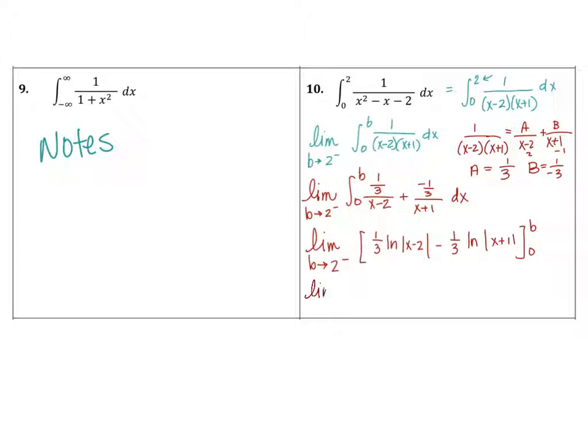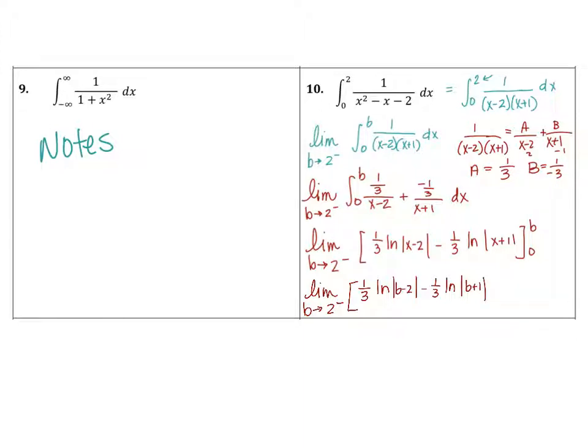So we're going to have the limit as b approaches 2 from the left of, and if I plug in b, I'm going to have 1/3 natural log absolute value of b minus 2, and then minus 1/3 natural log absolute value of b plus 1.